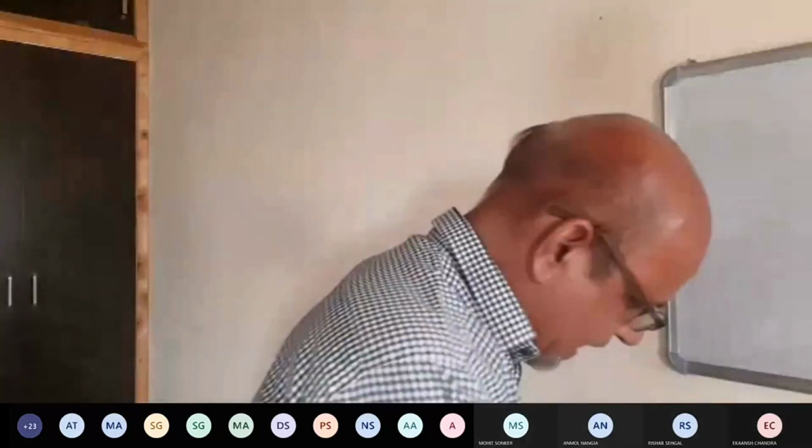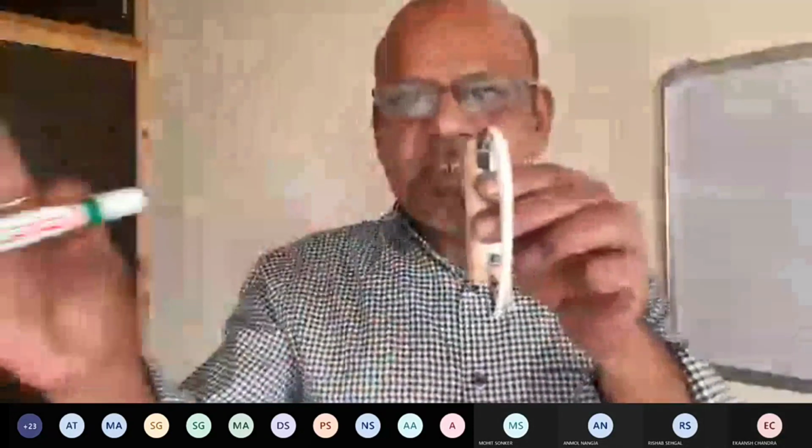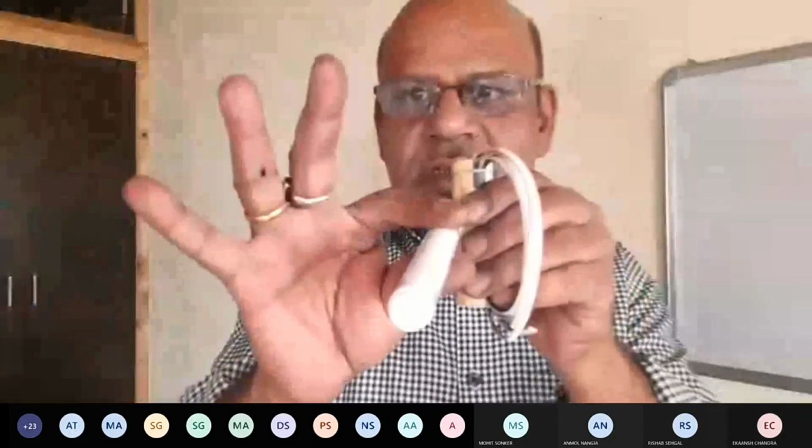So the conductor is going to pass like this. So the thumb will be this. So magnetic field like this, motion like this, then the current will be flowing in this direction towards you. So if I have a conductor which is passing like this, magnetic field like this, motion like this, then the current is flowing from this end to this end.